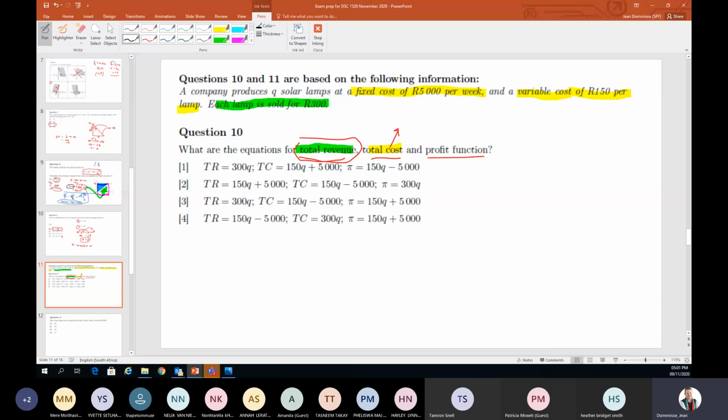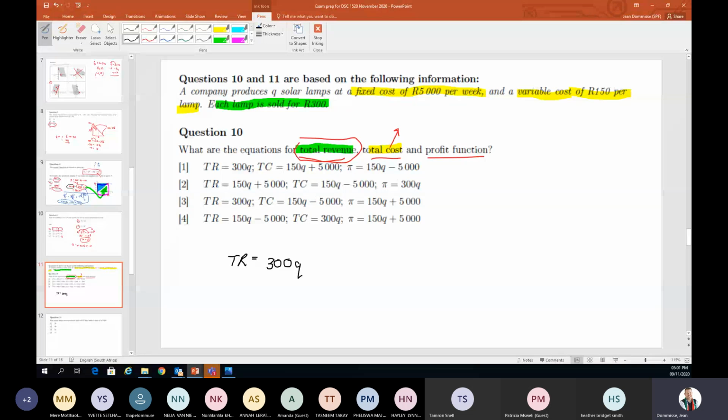So my first formula that I'm looking at is total revenue is equal to 300 times Q. Okay, total revenue is for each lamp sold, I'm getting 300 Rand. So basically, then I know that my total revenue is 300Q.